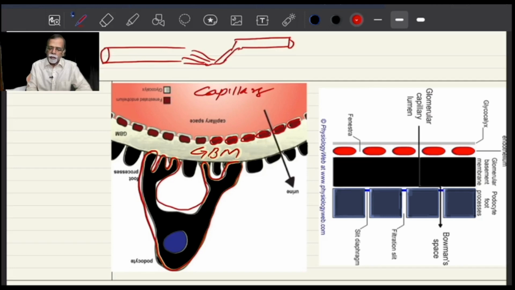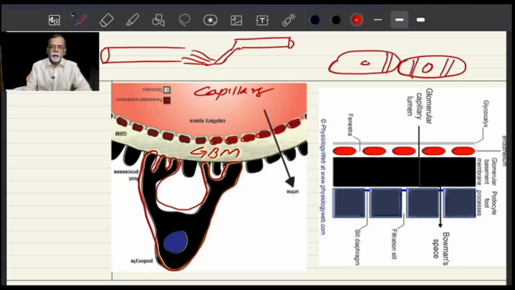And here again we are showing the capillary endothelial cells, and one of the important points is that the capillary endothelial cells have fenestrations. So the capillary endothelial cells have multiple holes.